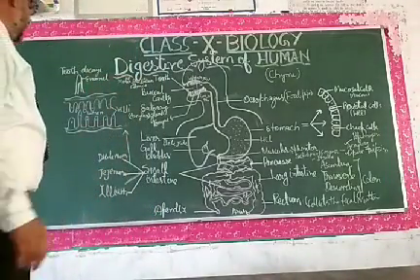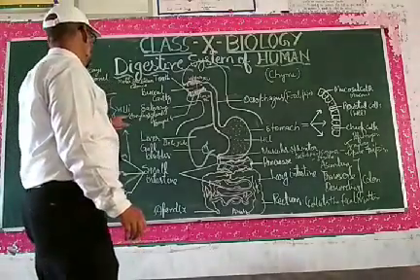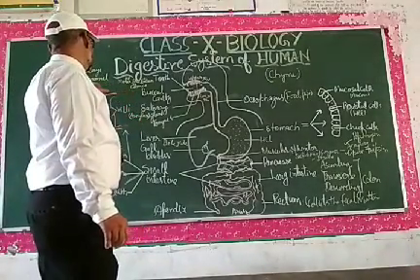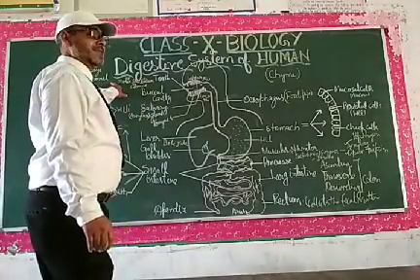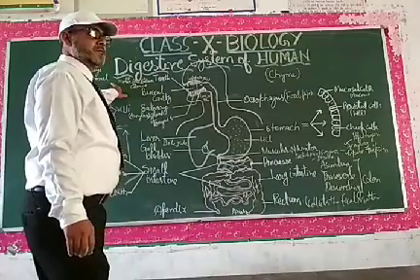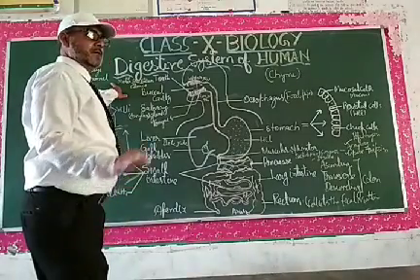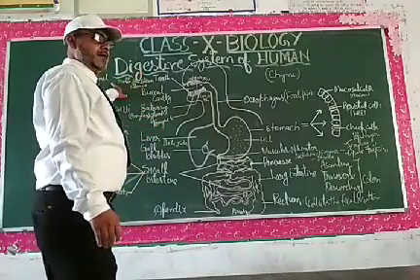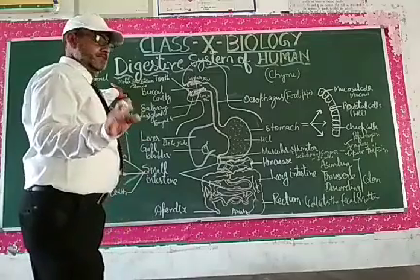Lysozyme, what happens to lysozyme? If tooth decay is there, then there will be an acidic medium, as you know bacteria produce acid, the mouth cavity medium will be acidic, and the problem of tooth decay is there.